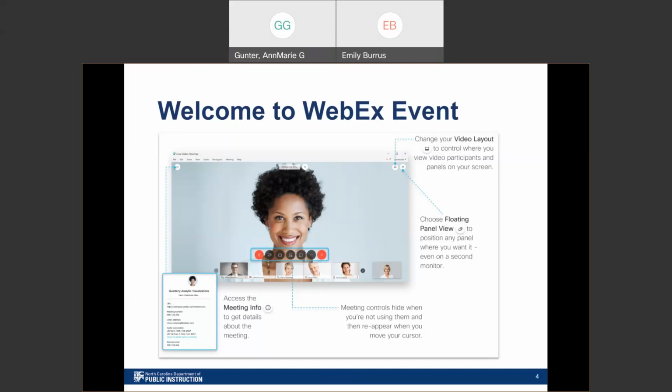If something happens and you have to exit early or you accidentally get exited, you can always come back in using the same link you used to join the first time. It should still work. There in the middle, you have buttons to the chat box. It looks like most of you have found that. When we do activities, please make sure in the chat box that you send those to all attendees so everyone can see your responses. There are also some other controls there that we don't work with a lot, but we will be working with the poll feature and so forth that will come up in your control panel.